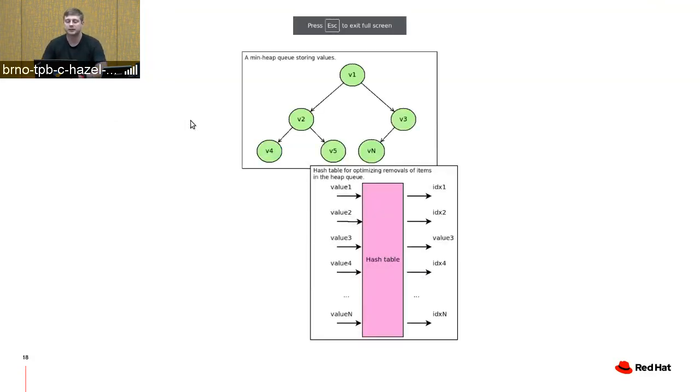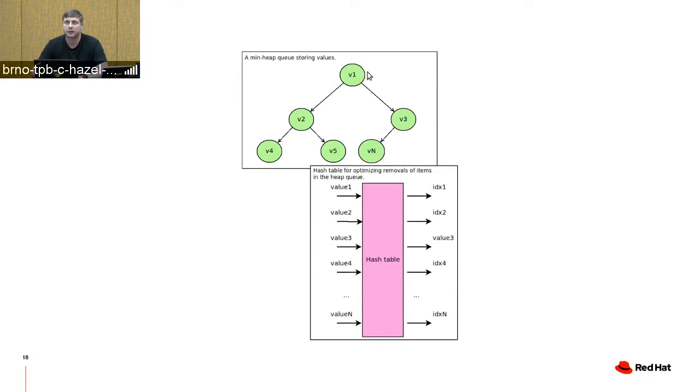So let's take a look at it. Here you can see a heap queue that in this picture keeps values, but in case of Advisor, these values are directly mapped to objects, meaning objects that represent states, or pointers to objects that represent states.